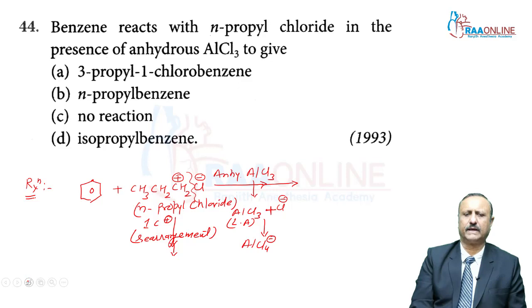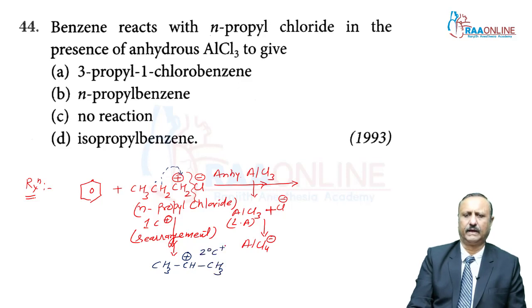This hydrogen atom goes to this carbocation and the positive charge develops on this carbon atom. Then you get the secondary carbocation after rearrangement of this carbocation.